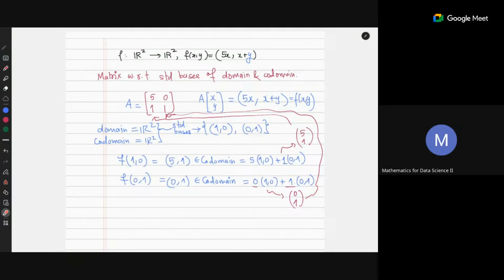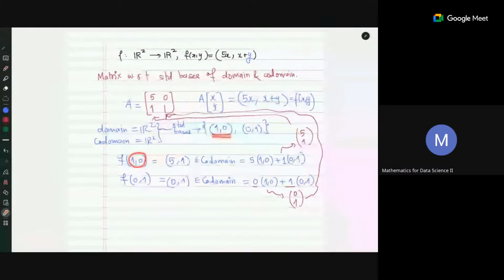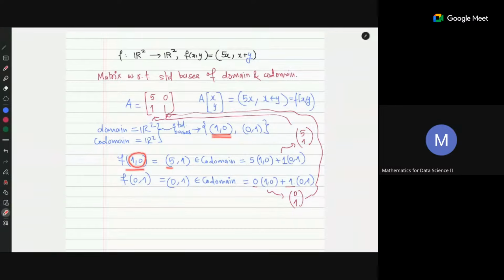Now, because the function is applied on the vectors in the domain, I'm looking at where this basis vector of the domain goes. 1, 0 goes to 5, 1. Nothing much I've done. What is the other basis vector? The other basis vector 0, 1 goes to 0, 1. You just need to apply the function and put in these values and you will get these vectors. There is nothing fancy.